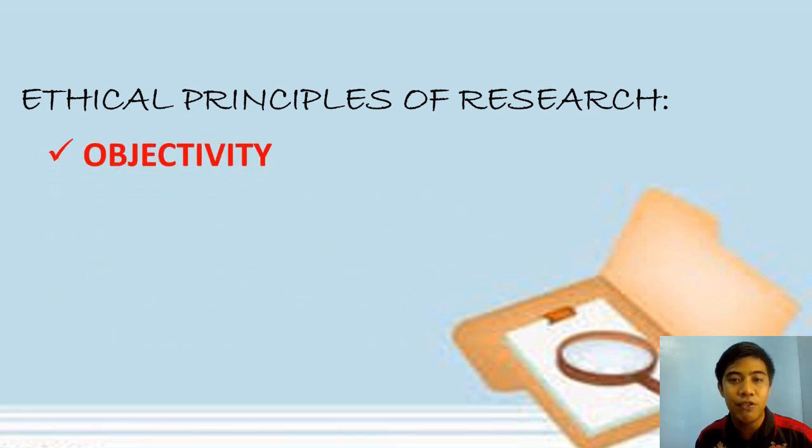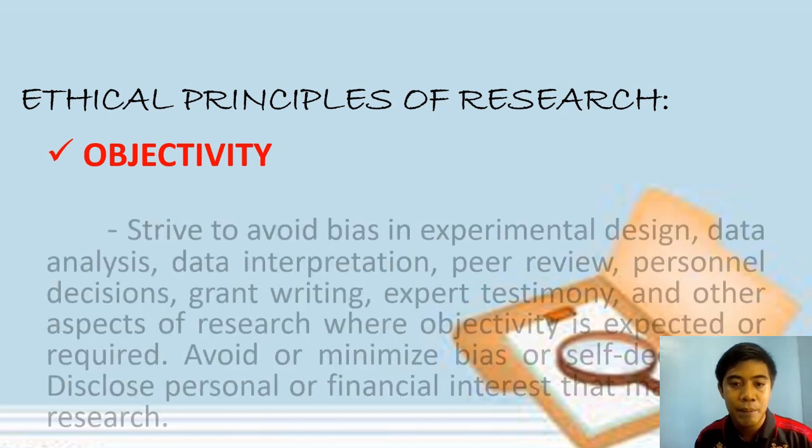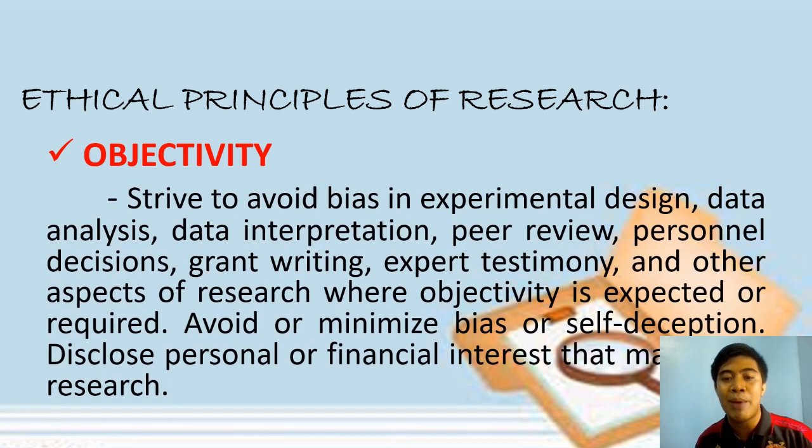Next, we have the principle of objectivity. Strive to avoid bias in experimental design, data analysis, data interpretation, peer review, personnel decisions, grant writing, expert testimony, and other aspects of research where objectivity is expected or required. Avoid or minimize bias or self-deception.